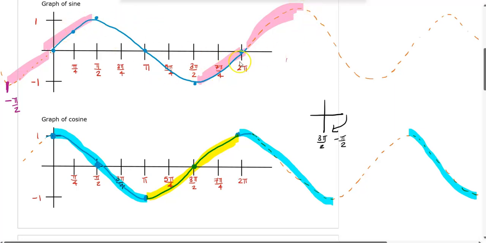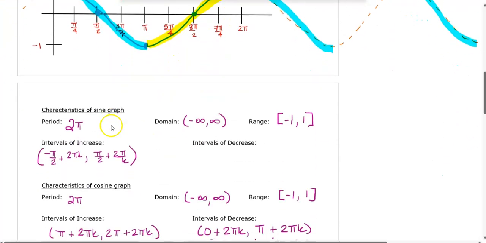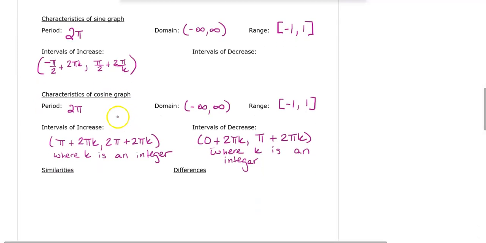Those are turning points, so I can't include those. And so we have from negative pi over 2 to pi over 2 plus 2 pi k. I just realized I wrote that as 2 pi over k. Let me fix that. 2 pi k. So then we have where k is an integer.